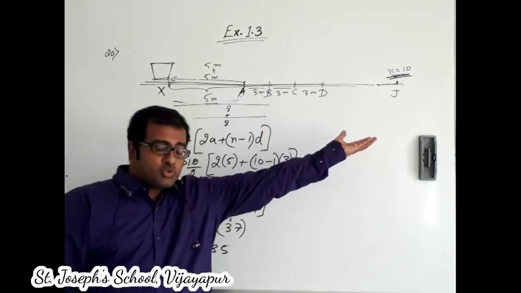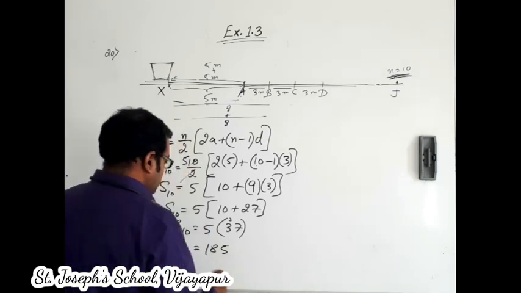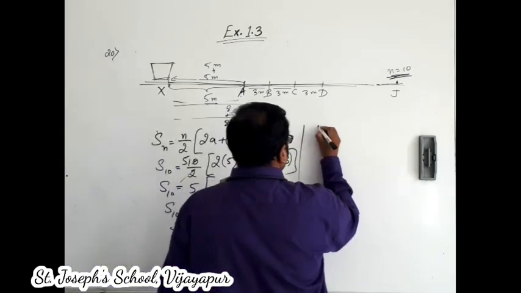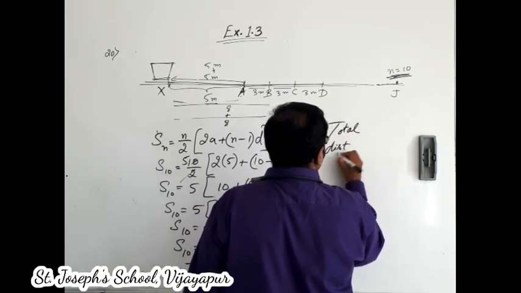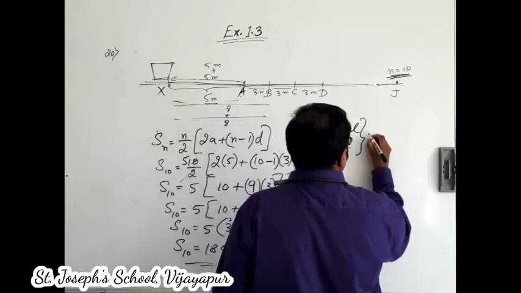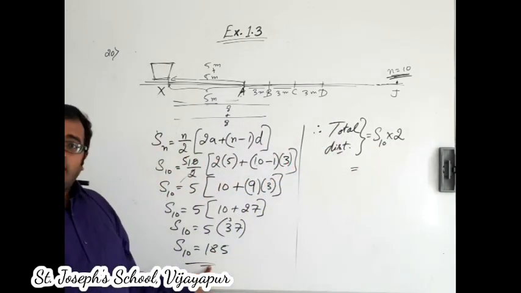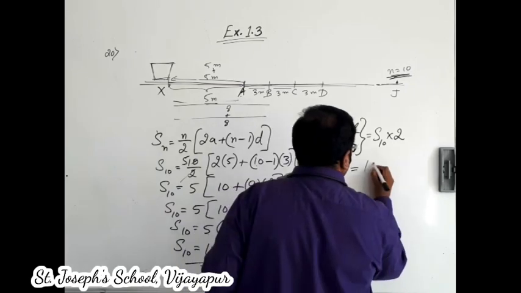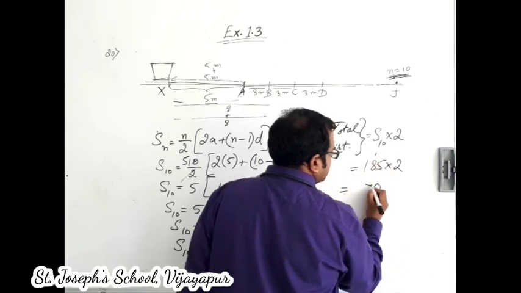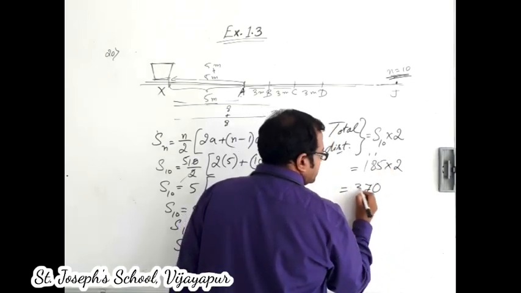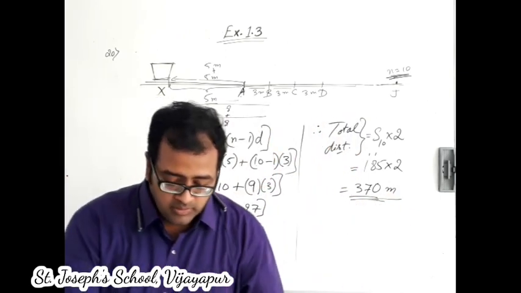Since the competitor has to run back also, we have to multiply this by 2, twice the distance. Therefore, the total distance covered by the competitor is equal to S10 multiplied by 2, that is 185 multiplied by 2. 2 fives are 10, 2 eights are 16 plus 1, 17, 2 ones are 2 plus 1, 3. 370 meters will be the distance run by the competitor in the whole race.